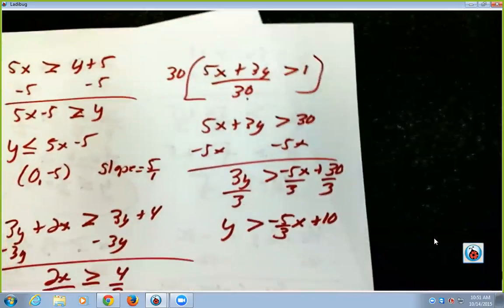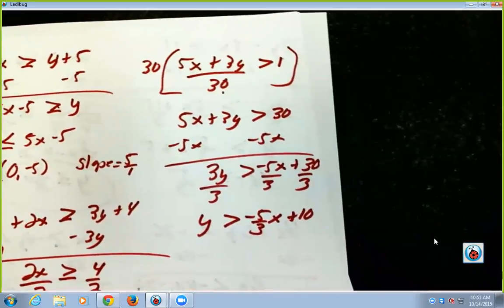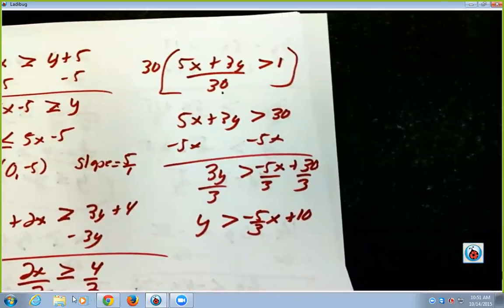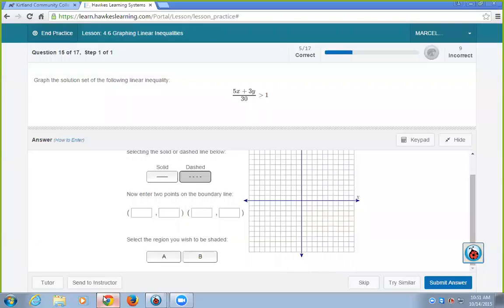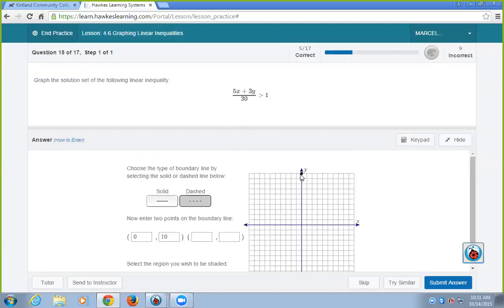So now I think I might have everything I need to do the graphing now. So paper, you need paper along with these as you do those. So 2 points, 0, 10. Give me 0, 10? Yep. Slope, down 5. 1, 2, 3, 4, 5, and over 3.